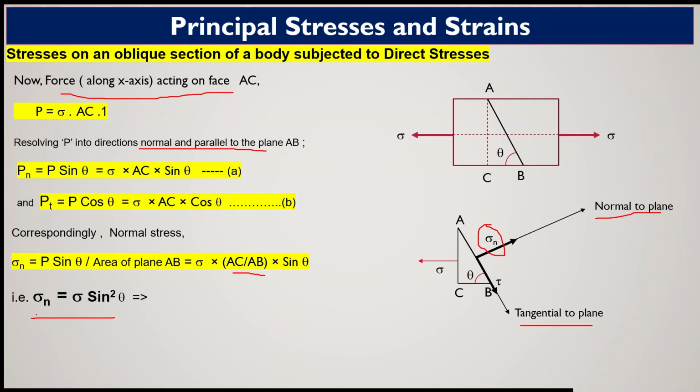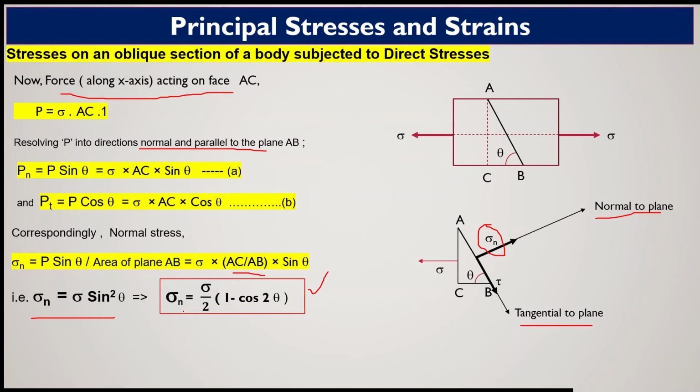So sigma n, the normal stress to plane AB, will be sigma sin square theta, and using the trigonometric formula, sigma n is equal to sigma by 2 into 1 minus cos 2 theta, where sigma n is the stress normal to plane AB, and sigma is the stress applied perpendicular to side AC.